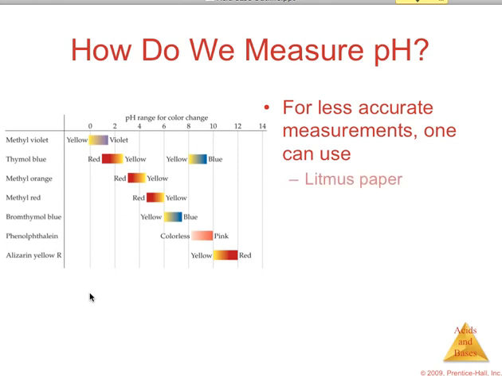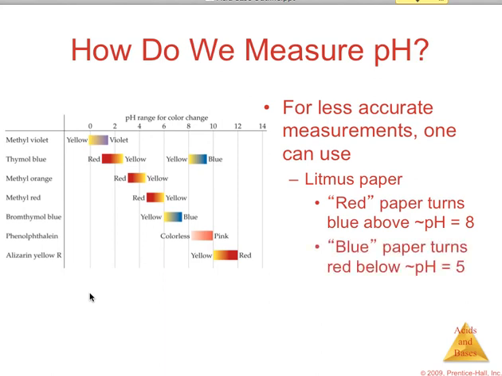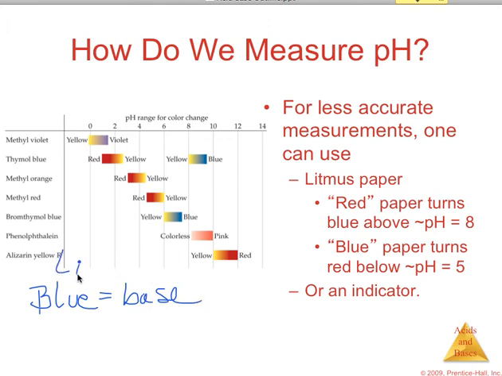Okay. How do we measure pH? There's a number of different ways. If we really need just a is it acid, is it base, we can use things called indicators. Litmus paper. Red paper turns blue for pHs at 8 or above, and blue litmus turns red for pHs at about 5 or below. I always remember blue for litmus is equal to base, and this is just for litmus paper.